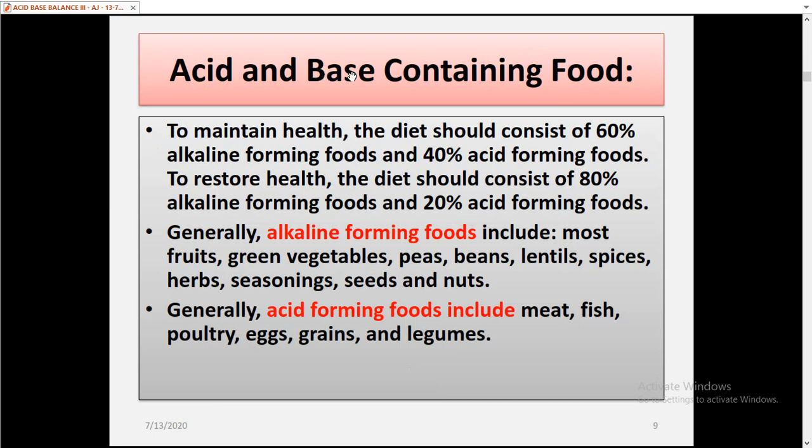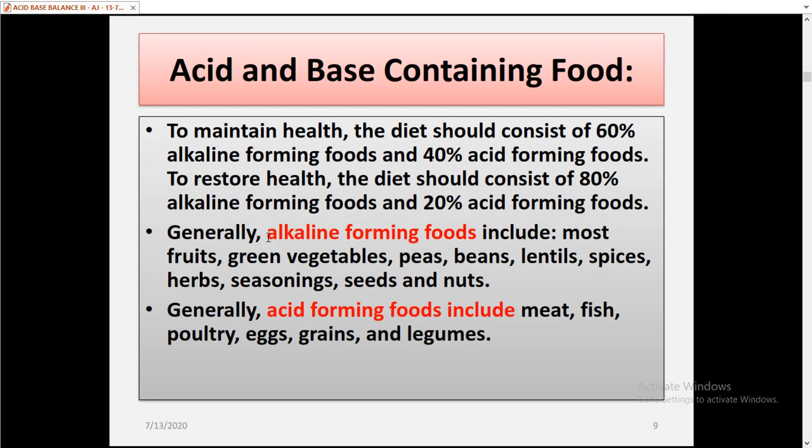So in order to maintain a normal acid base balance, not only is the body continuously producing acids in the form of volatile acids and fixed acids, but certain foods we consume are also producing hydrogen ions, according to the food we are taking in.